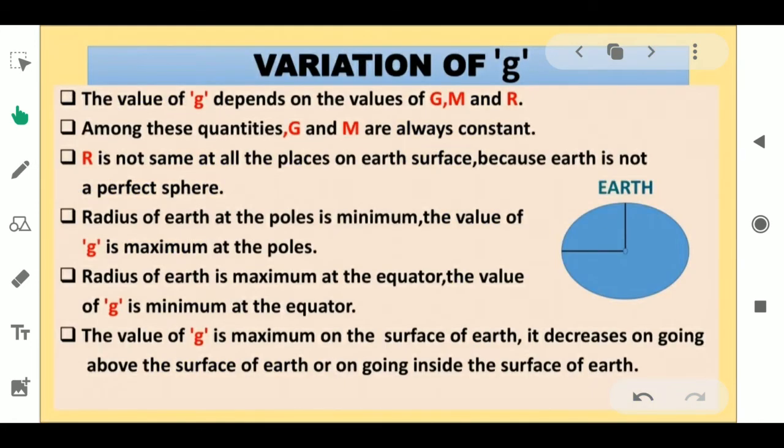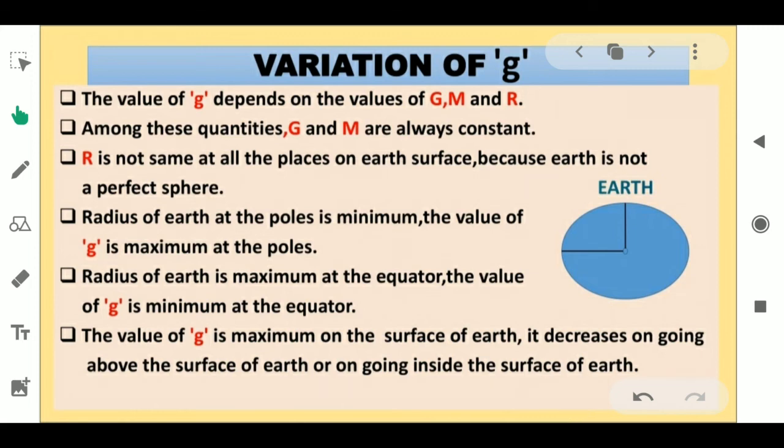Okay, yes. At the same time, the radius of Earth is maximum at the equator. Therefore, the value of g is minimum at the equator. In the equator region, the radius is maximum, therefore the value of acceleration due to gravity is minimum at the equator. Clear? Yes. The value of g is maximum on the surface of Earth and it decreases on going above the surface of Earth or on going inside the surface of Earth.